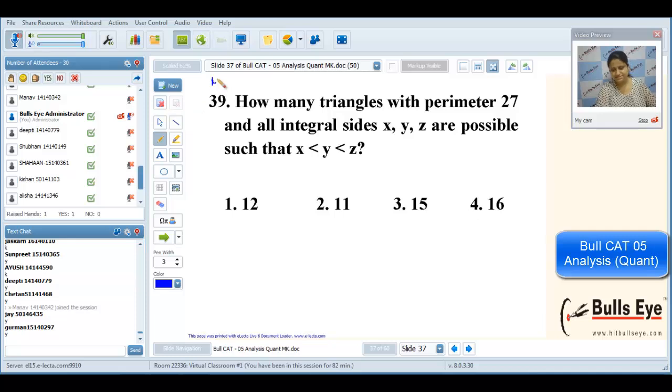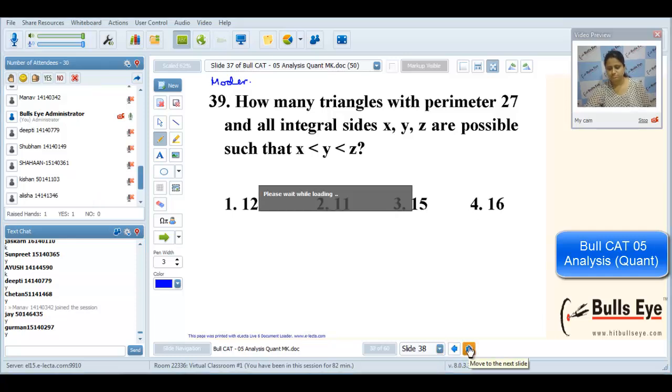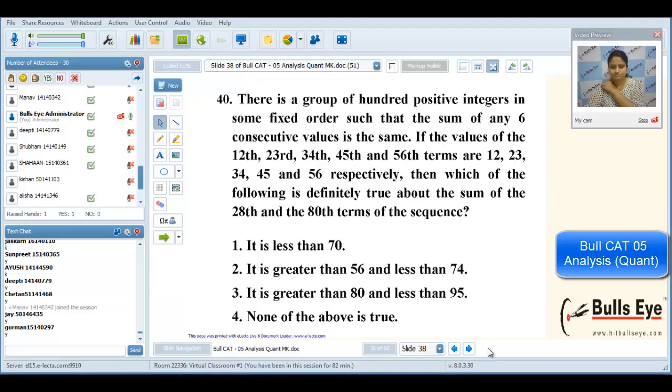I'll consider this as a moderate sum. Okay, what about this? Good sum. Good one. Good logic.